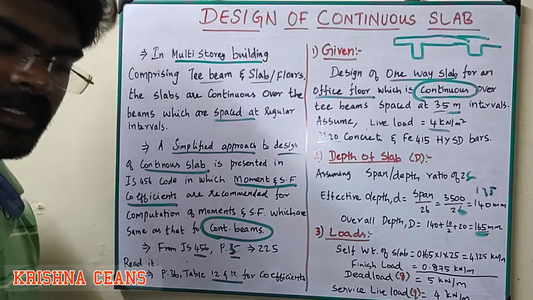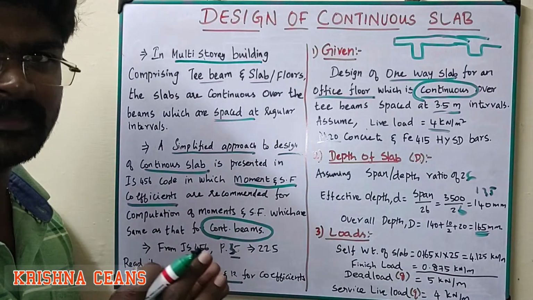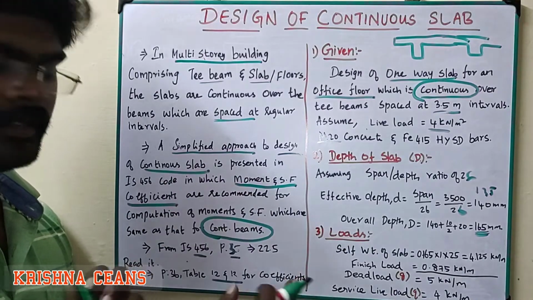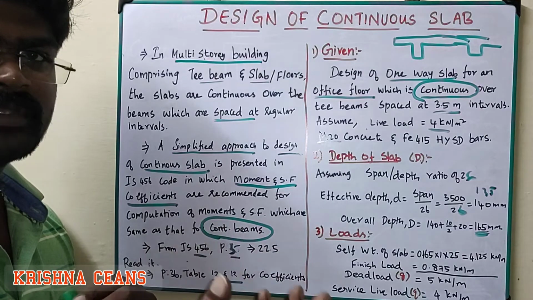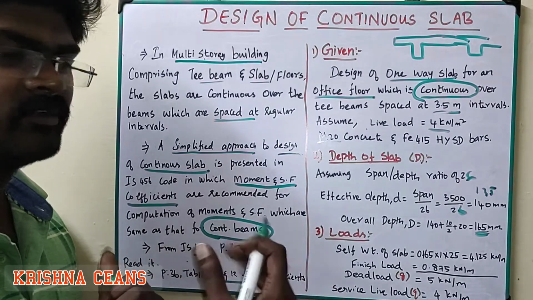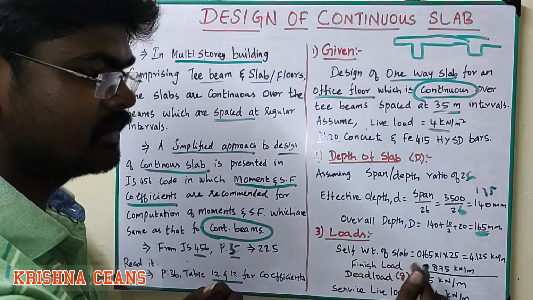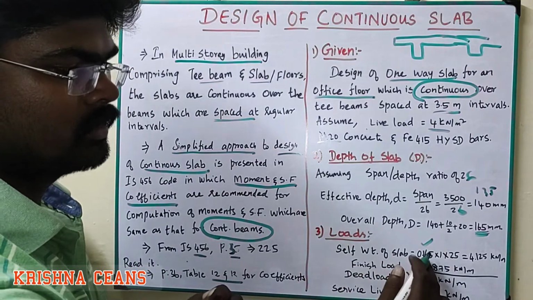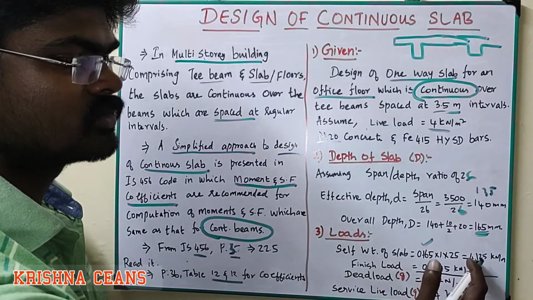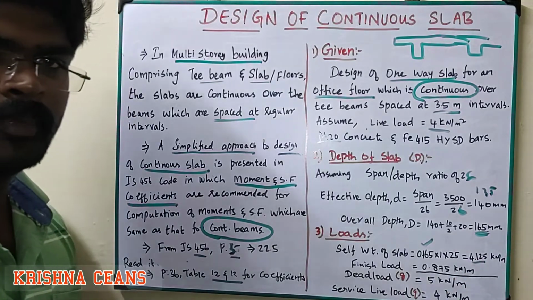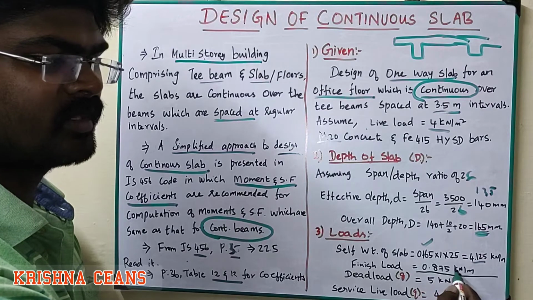In the continuous slab, we will calculate the dead load and the live load separately, because we take the moment coefficient as well as the shear coefficient, so it will be easy to identify separately. Self weight of slab: overall depth is 165 mm, 0.165 into 1 meter into 25 kilonewton per meter cube, so 4.125 kilonewton per meter. Then finishing load, we assume 0.875 kilonewton per meter.